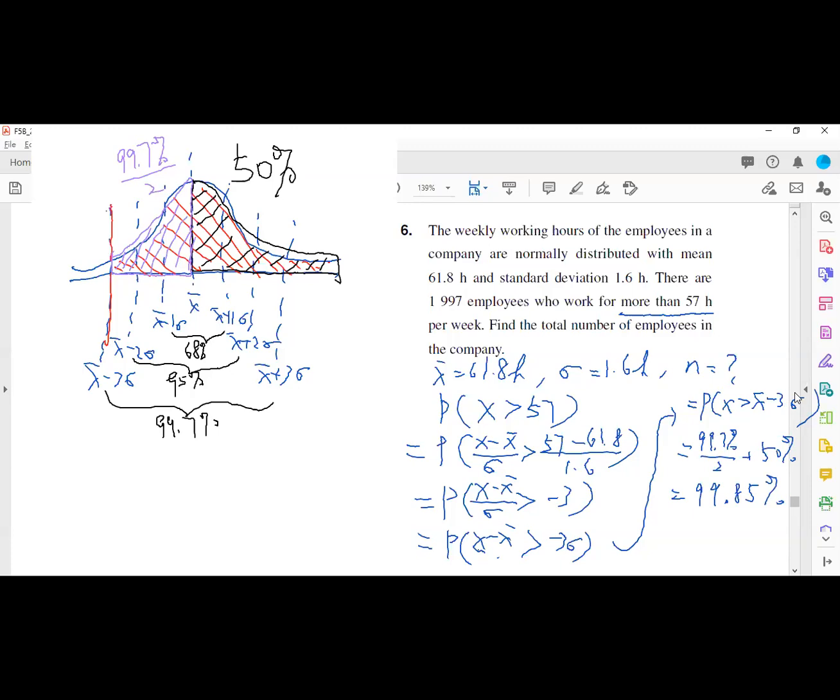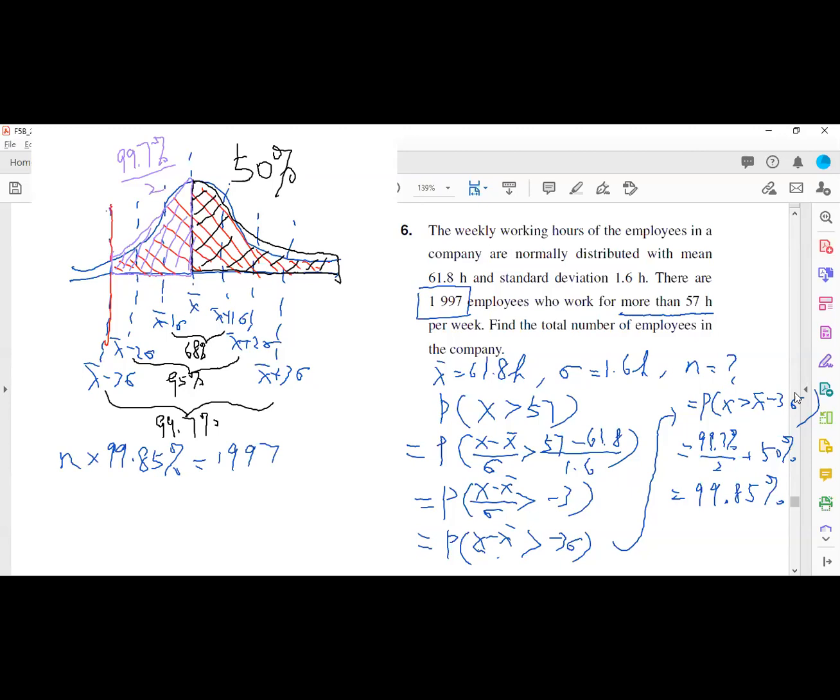So the percentage will be 99.85%. And then it is given that there are 1,997 employees satisfying this requirement. Okay, which means that the total times our percentage, 99.85%, will be equal to the given number, that is 1997.